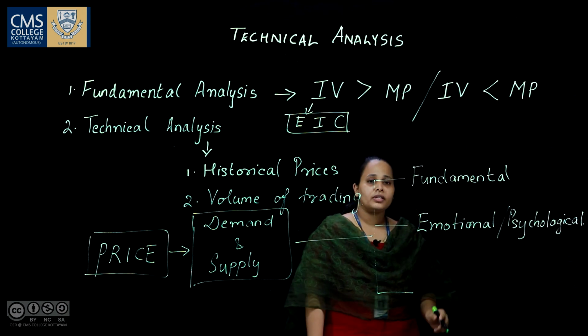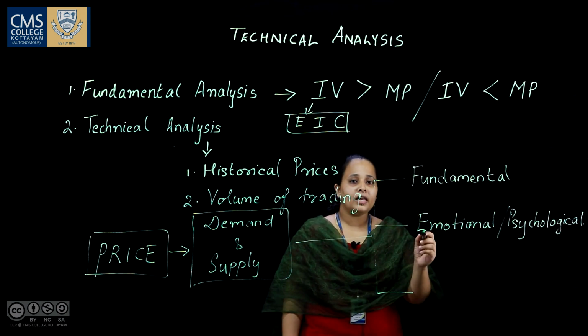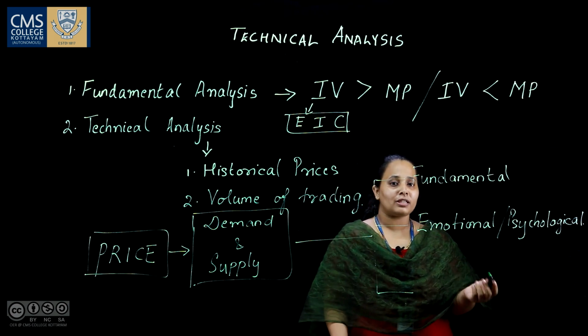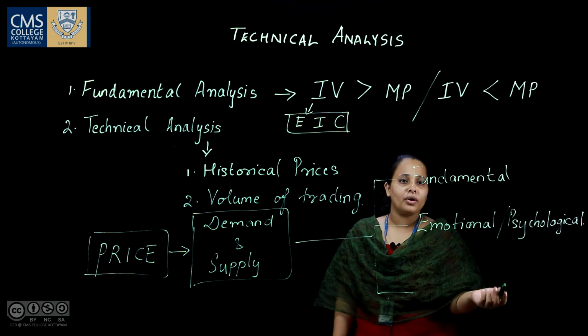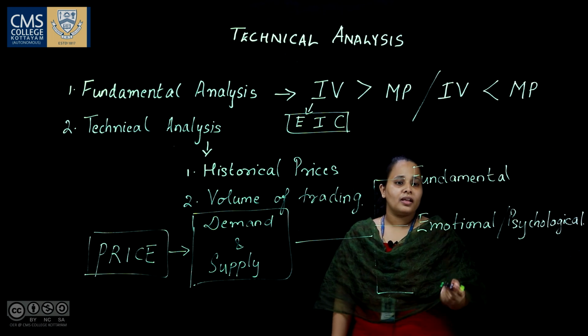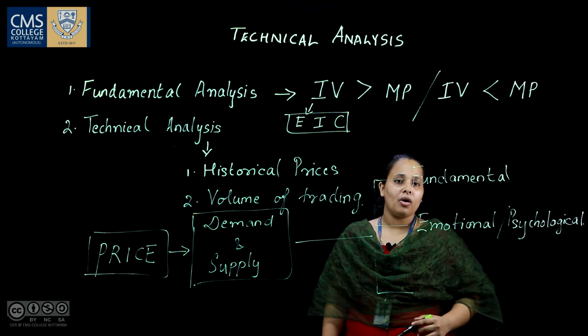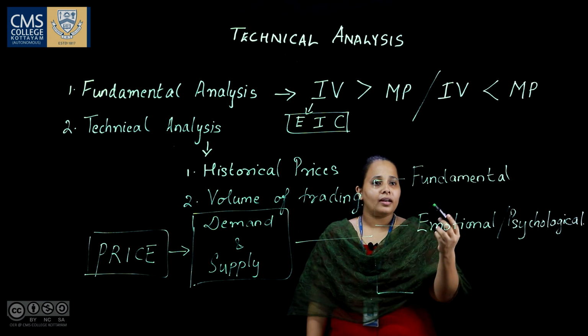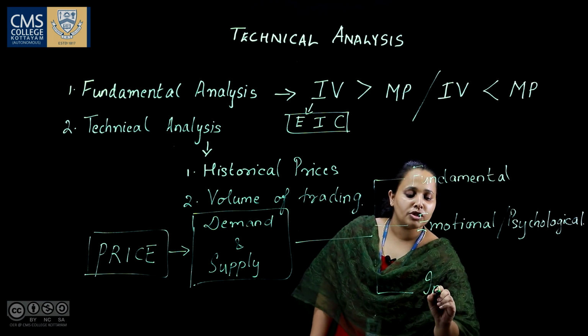Emotional or psychological factors include investors' behavior or investors' expectation. It can be a fear or a hope or an ignorance that could affect the demand and supply of that security.